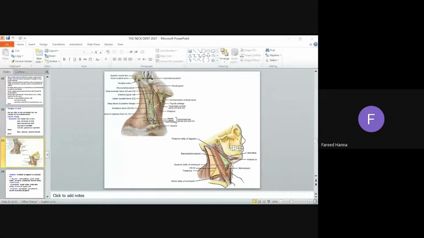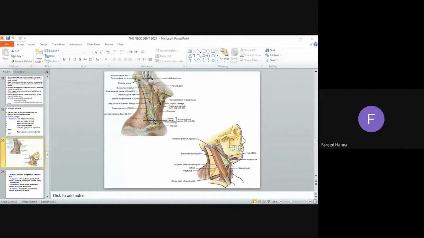This anterior and posterior belly of digastric enclose a triangle with the base of the mandible and stylomandibular ligament. This triangle is called digastric triangle or submandibular triangle.